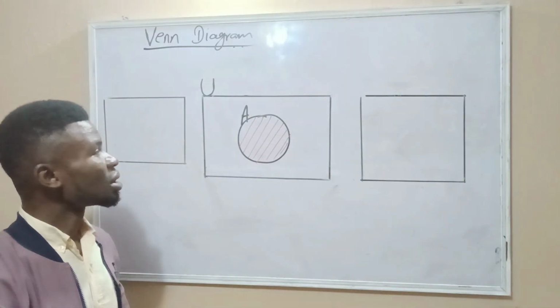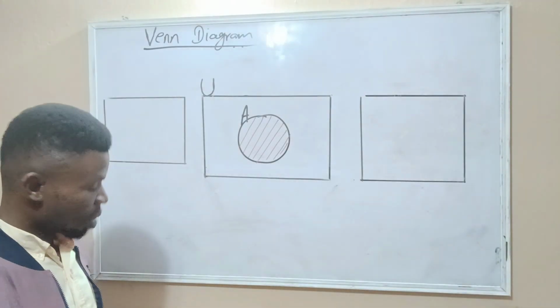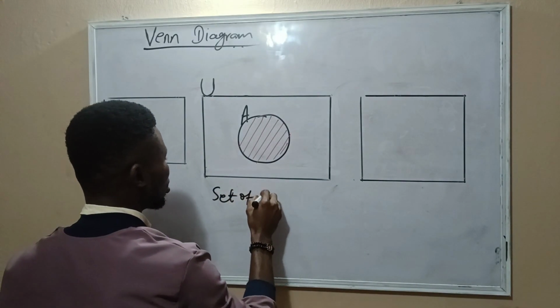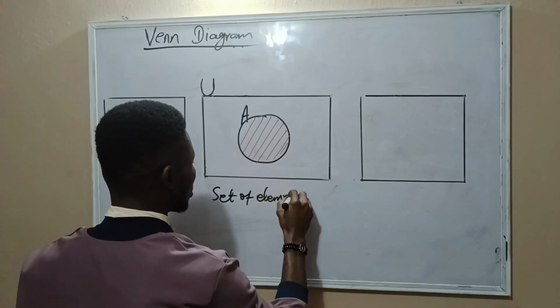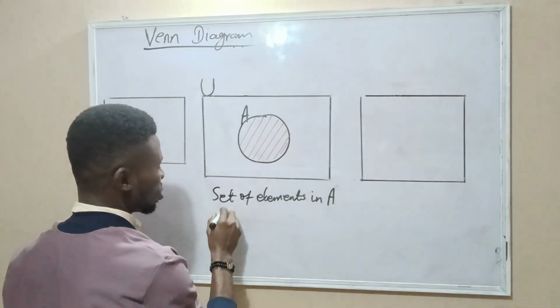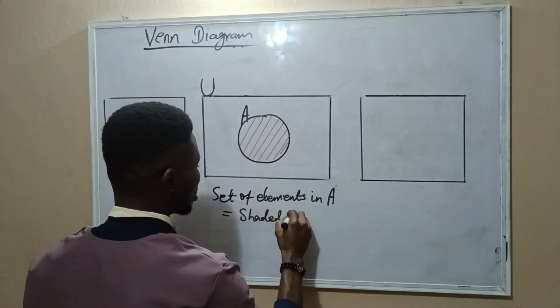This is what we call the set of elements in A. That is, set of elements in A equals shaded area.